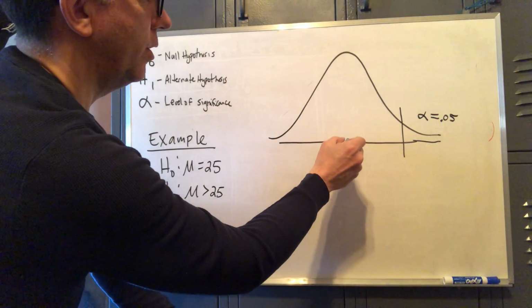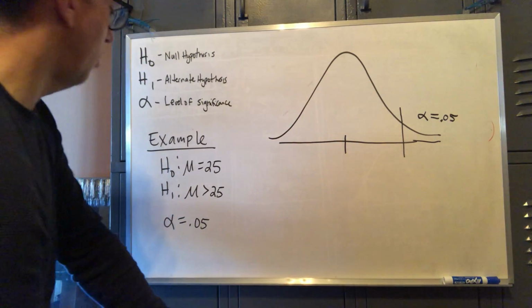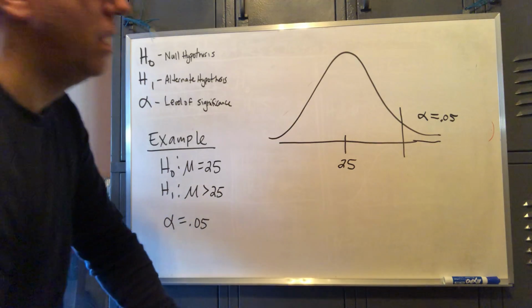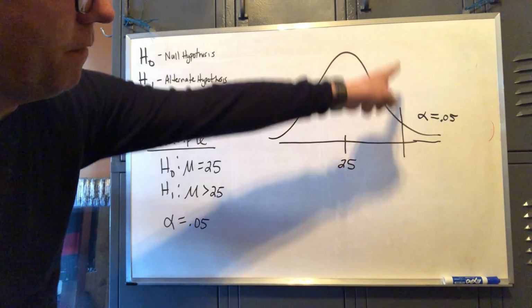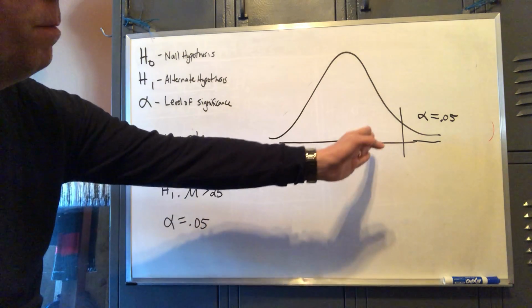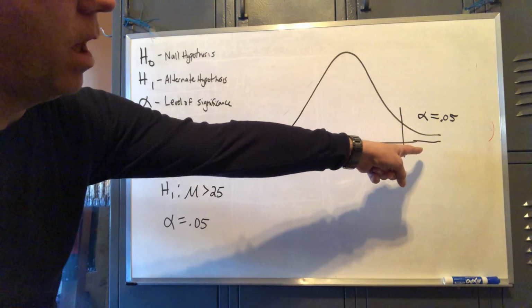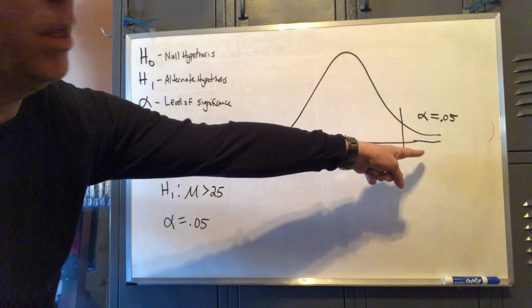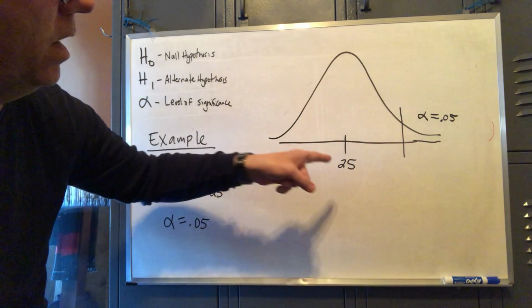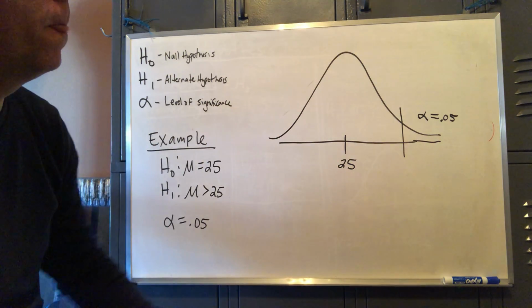Now this is a normal distribution, so dead center in that normal distribution is my mean of 25, okay? So this line that we have here, we need to find that line. That's our barrier. If our sample ends up on the right side of that line, in the rejection area where alpha is, we're going to reject. We're going to say that 25 is no longer true.